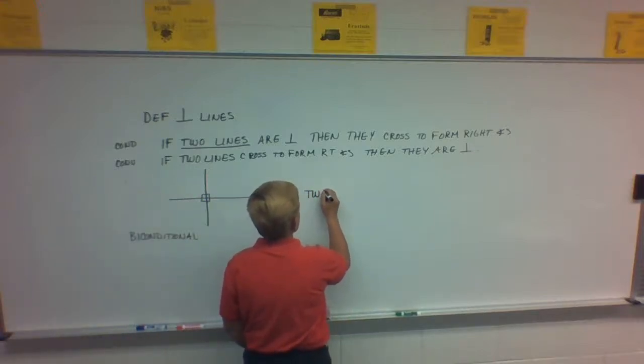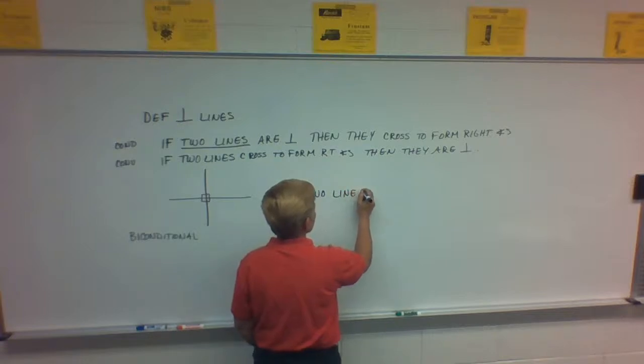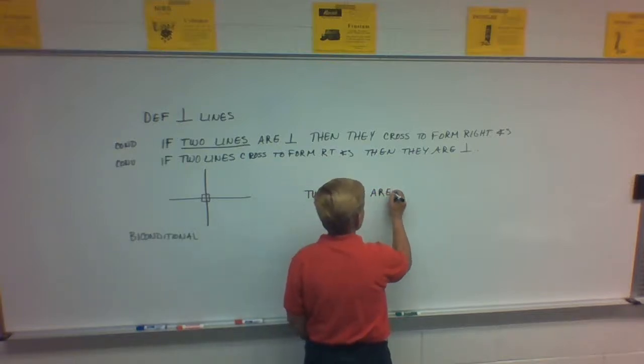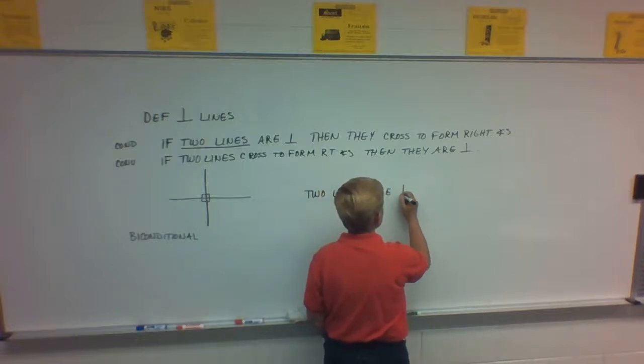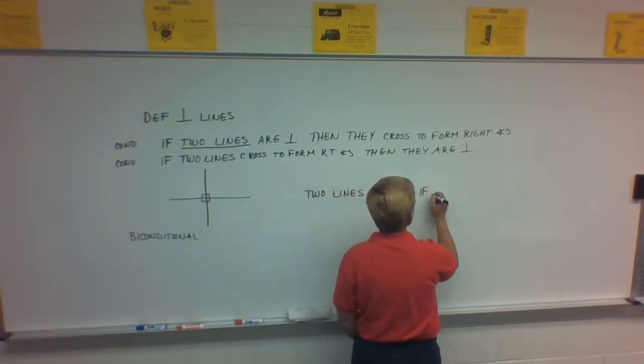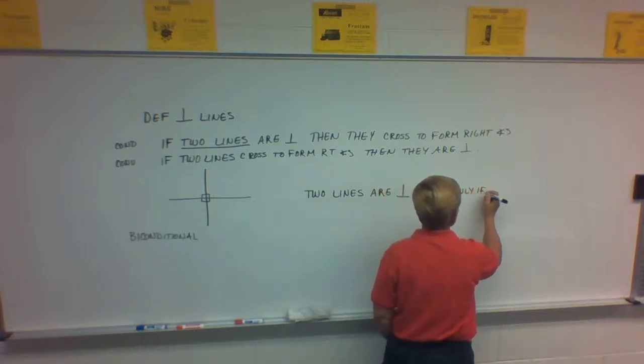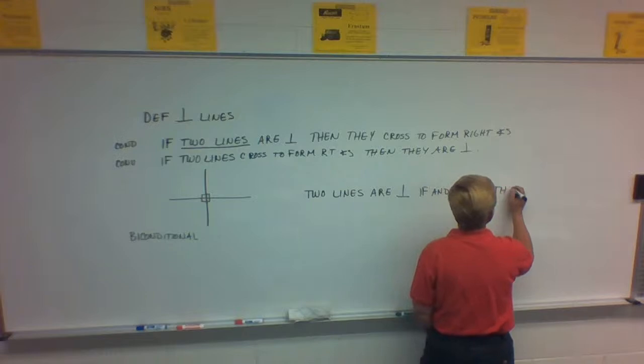Two lines, the subject of this whole conversation so far. Two lines are, there's your verb in this statement, are perpendicular if and only if they cross to form right angles.